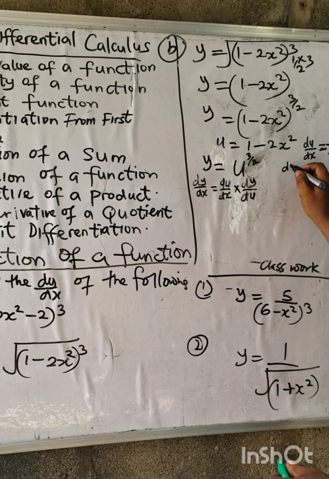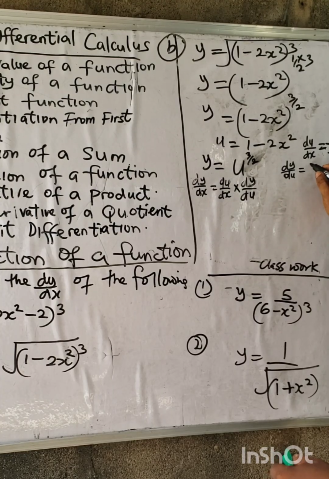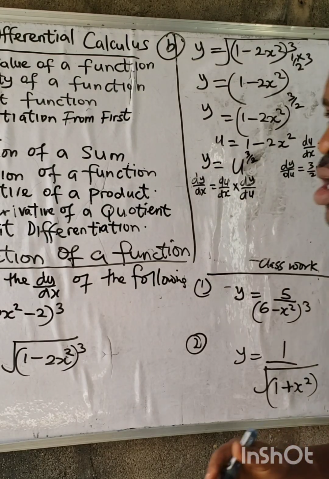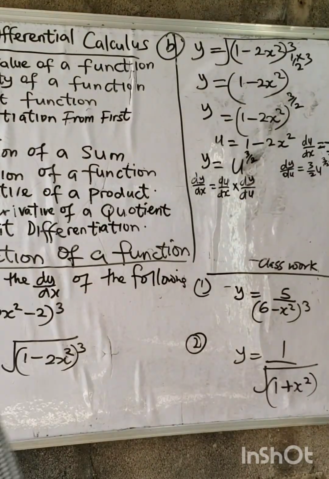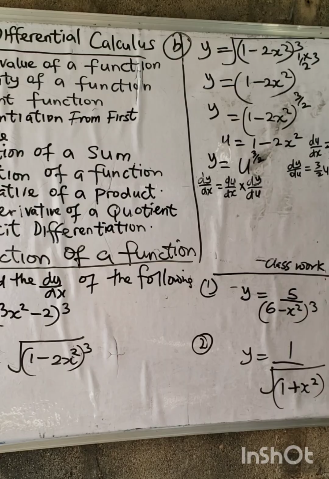The second one, dy/du, equals 3 over 2 u raised to power 3 over 2 minus 1.